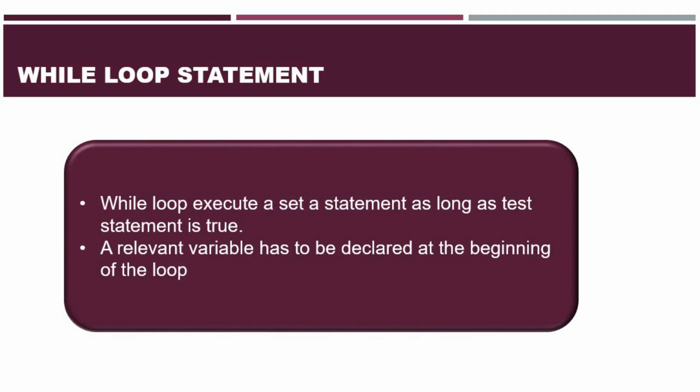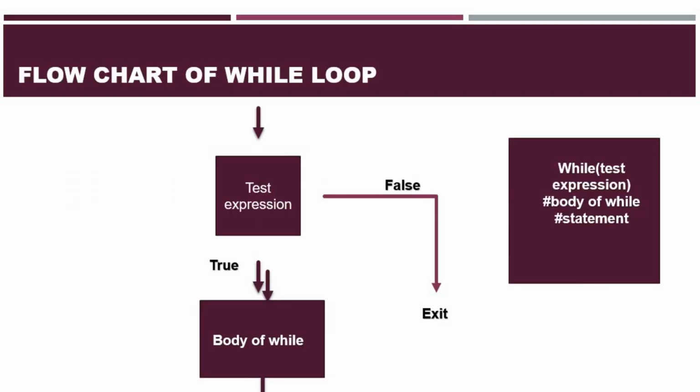A relevant variable has to be declared at the beginning of the loop. So before executing a while loop, we have to create a variable, and according to that variable the while loop will execute. Now this is the flow chart of the while loop. We give a test statement.